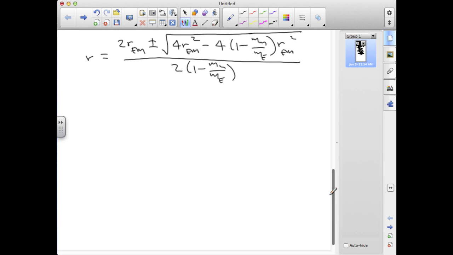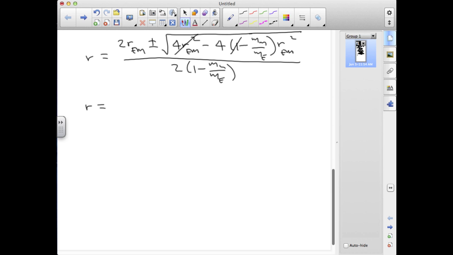And now we can simplify that because this term is going to end up canceling out this term. Under the square root, we're just going to have a 4 times this mass ratio times the distance squared, and we can then pull that out and end up with an expression that looks like this.